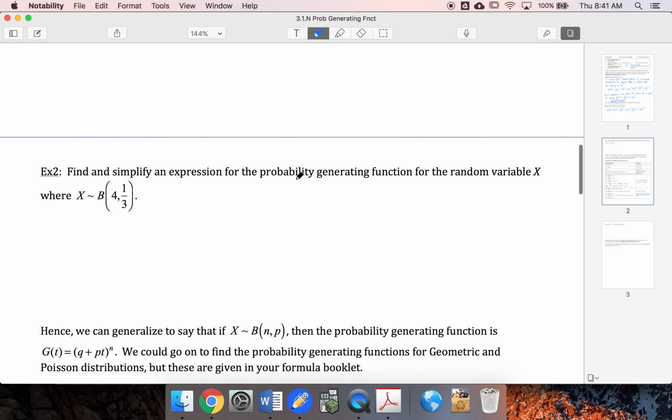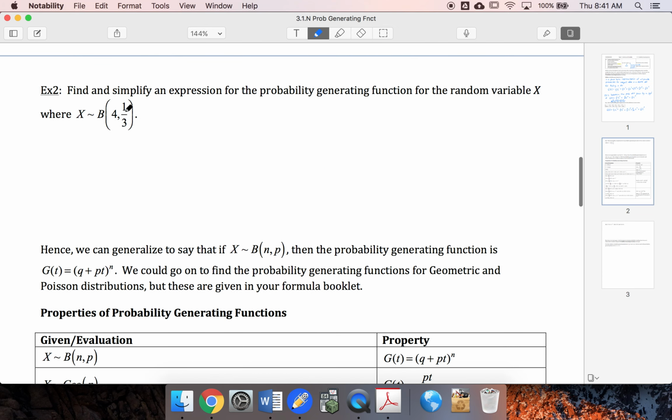So let's come look at a binomial distribution. So in this case, I know that for a binomial distribution, my expansion is going to be that the probability that x equals x will be 4 choose x, and then 1/3 to the x power, 2/3 to the 4 minus x power.